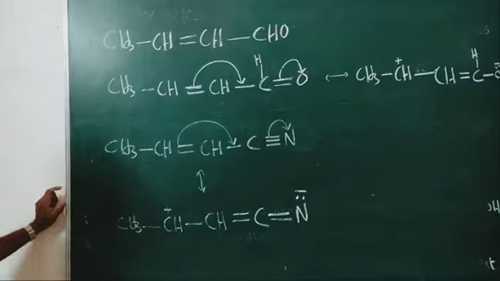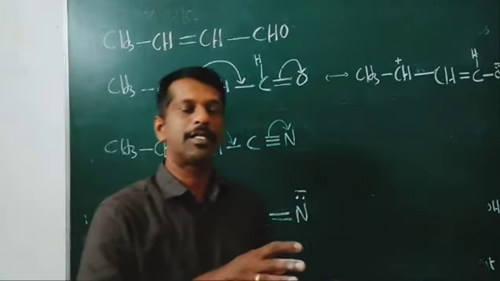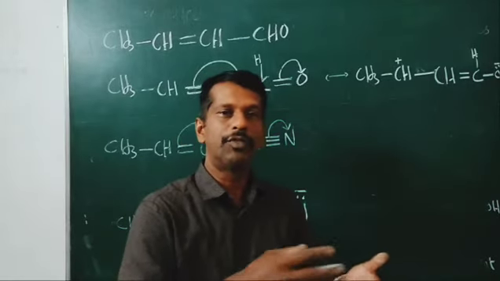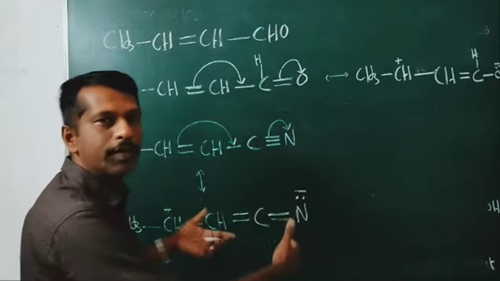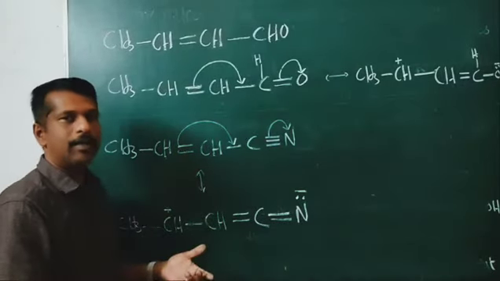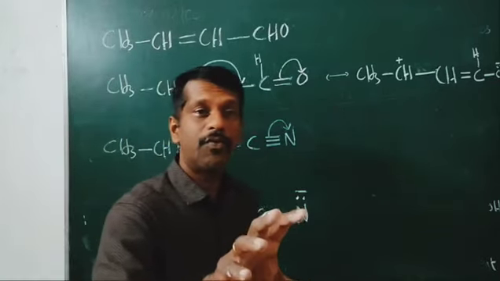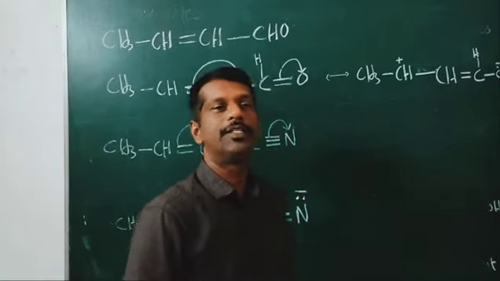Clear? Here again we are coming back to our definition. What will happen? Due to the presence of certain groups, electron withdrawing groups, we can see that certain groups will create centers of high or low electron density. What do you mean by that?